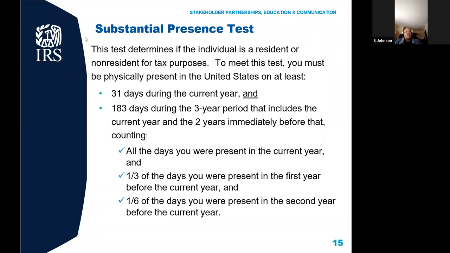But the IRS doesn't look at, okay, we'll ask Miss So-and-so, how long have you been in the United States? They'll say, well, I've been here since January of 2017. You know, I came over to visit, I liked it. Okay. If she hasn't gone anywhere, she meets the substantial presence test. So if she's working or doing something that requires her to file a tax return, she is considered a resident alien for tax purposes only.